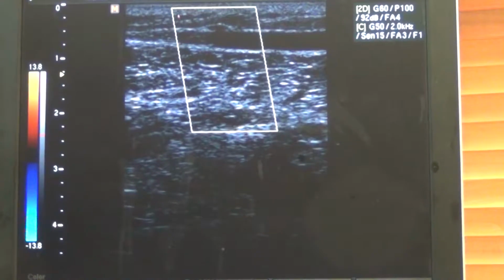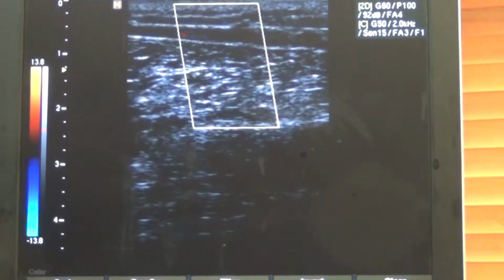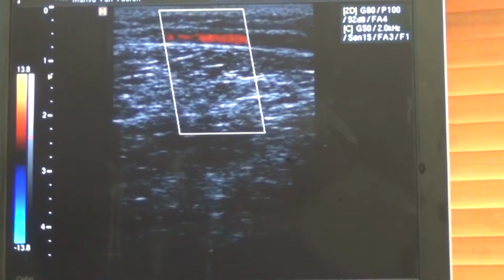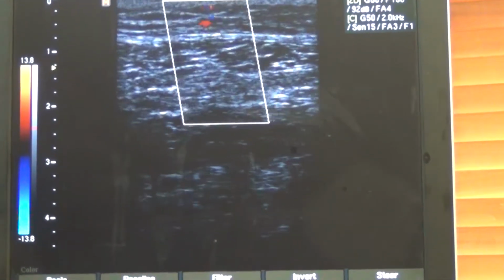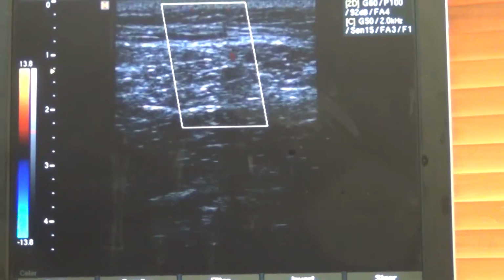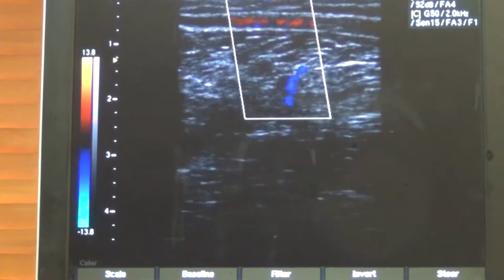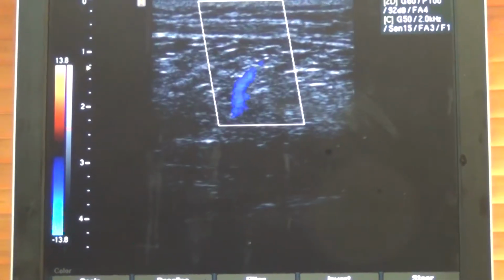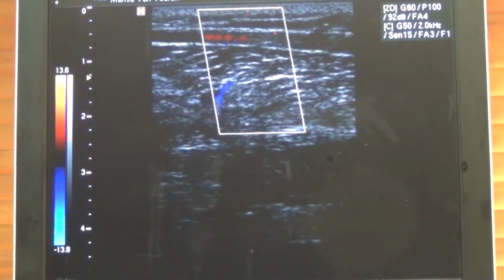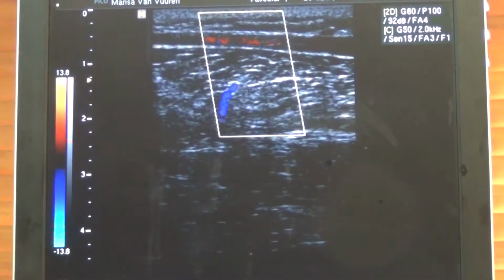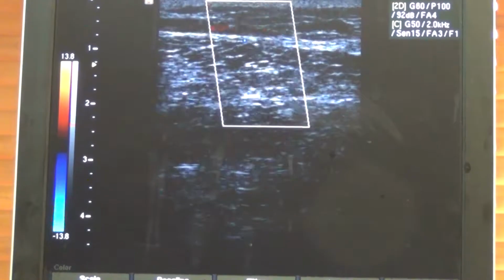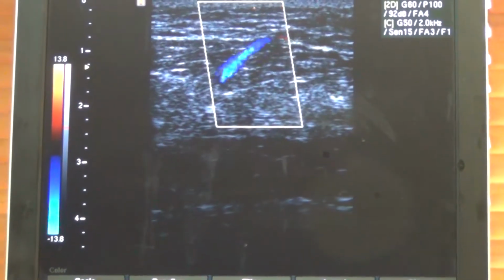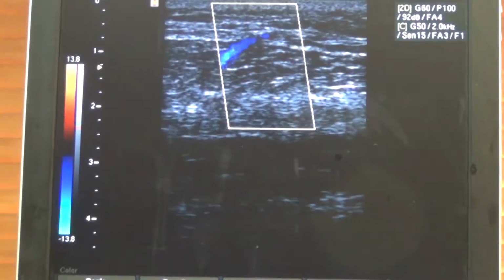Pulsation in the great saphenous vein is profound. You attempt to find the arteriole that may be responsible for the arteriovenous anomaly. We are seeing an arteriole in proximity to the great saphenous vein.